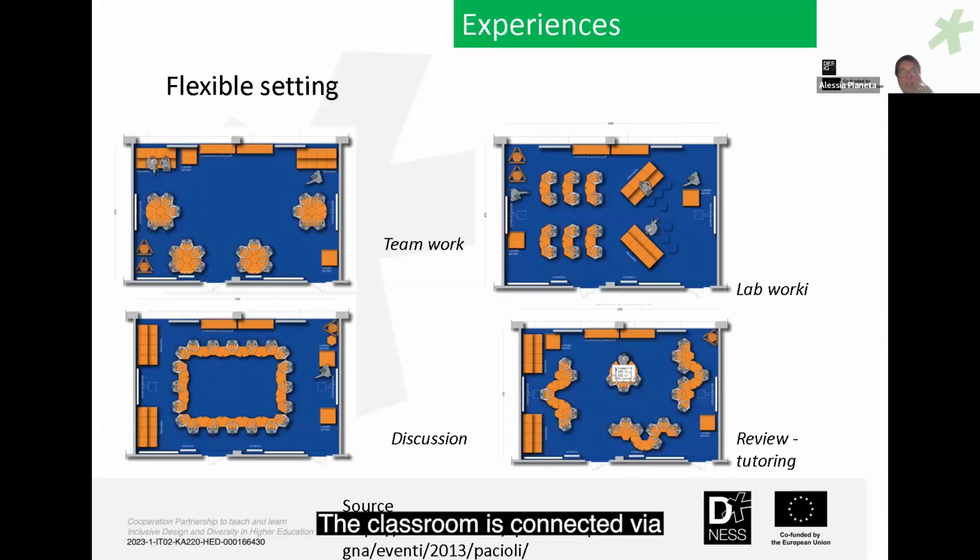The classroom is connected via a LAN network, ensuring a more stable connection. There are two interactive boards so that students from different positions can easily view what is being projected, or they can project two different things.